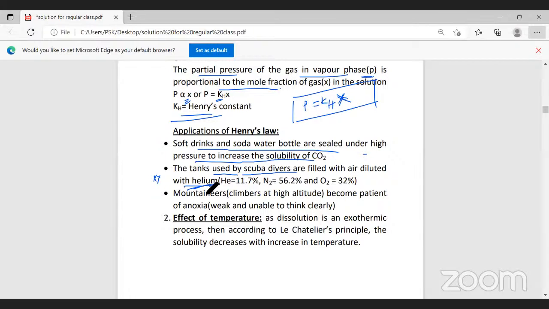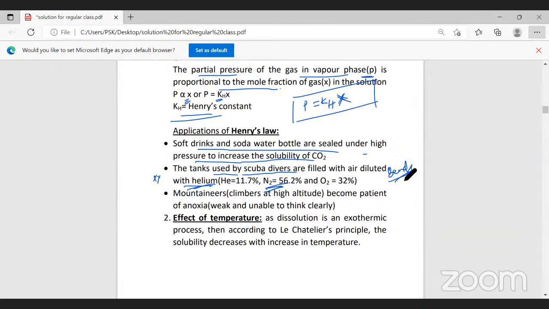If it is not diluted with helium, what happens? Air contains nitrogen also. When we breathe it in, we get bends in the body. The nervous system or anything will bend.